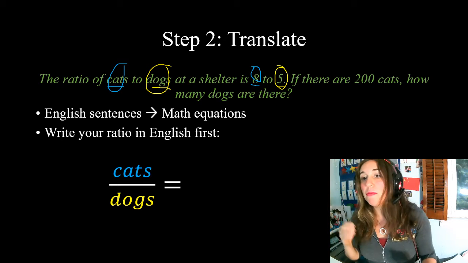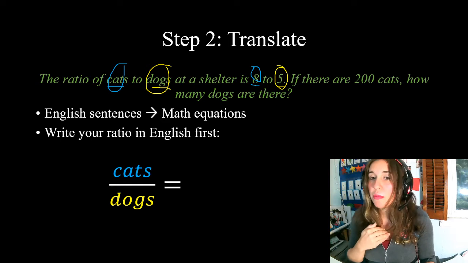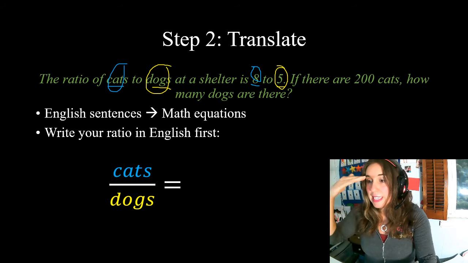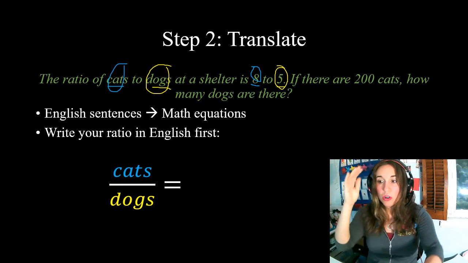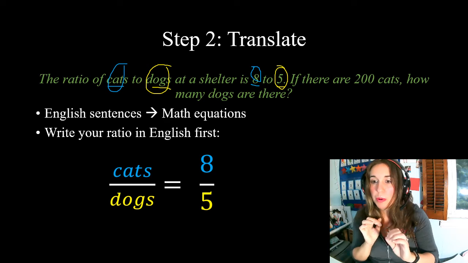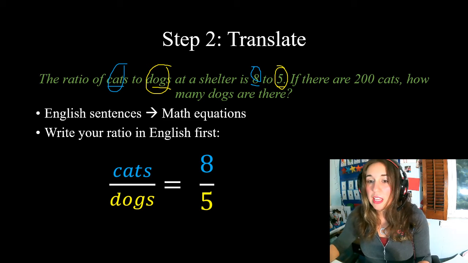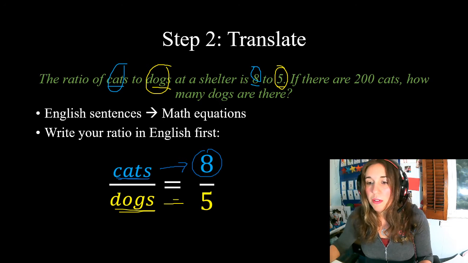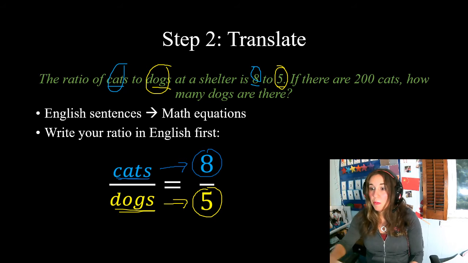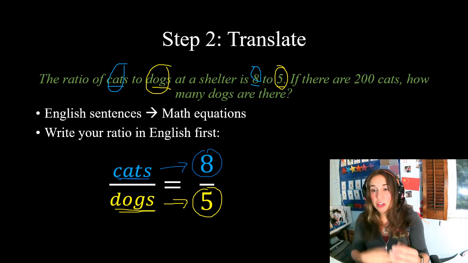And anytime I'm talking about dogs, it's going to go in my denominator. So for every 8 cats, there are 5 dogs. So now I can fill that into the first part of my ratio. Notice cats, there were 8 of them. So I've decided cats is going to be in my numerator, so now 8 goes in my numerator. Dogs, I've decided is going in my denominator. There were 5 dogs, right? 8 cats to 5 dogs. So 5 is in my denominator. So now I've got the first part of my ratio set up.